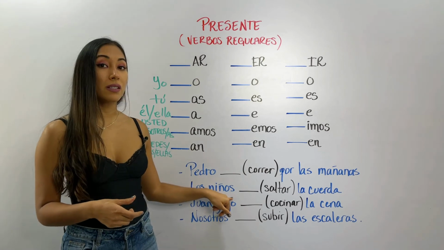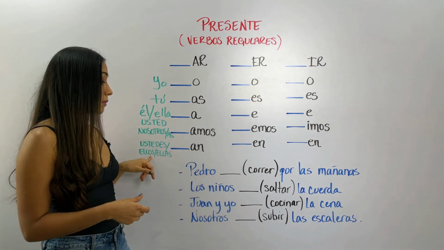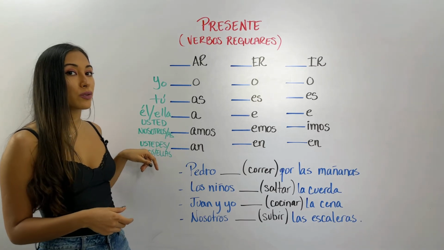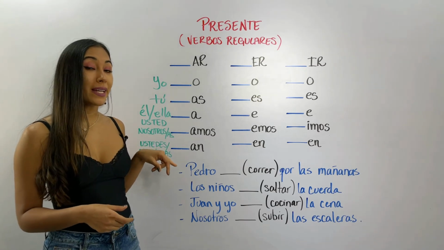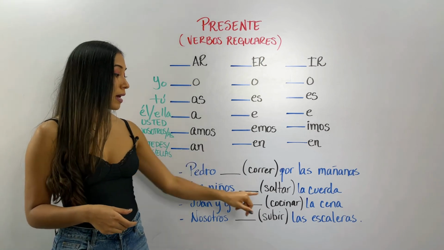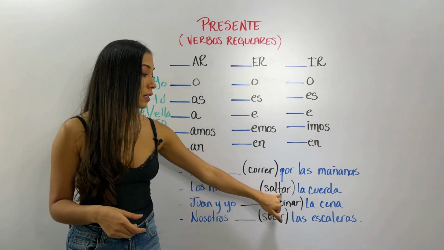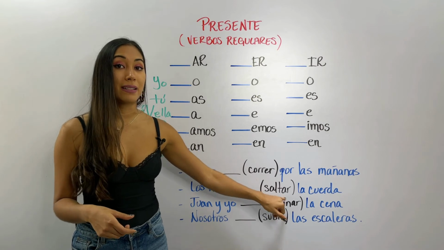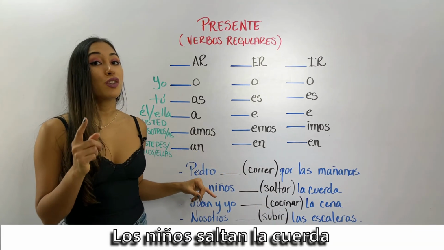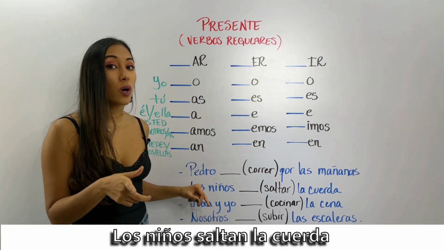Los niños is the same as they, ellos, o ellas. Well, in this case it's ellos, because it's los niños. Okay? So, saltar, -ar, ellos, an. I write down the stem until the T, and then an. Los niños, bien, los niños saltan la cuerda.